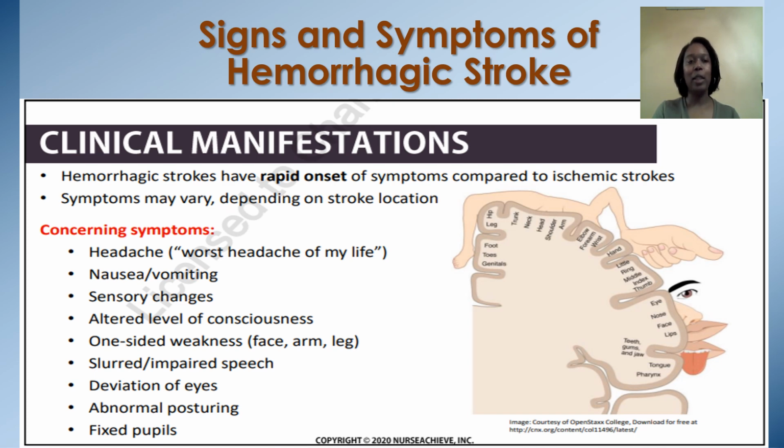They will have sudden weakness or numbing of one side of the body. They may become unconscious and have a temporary loss of vision, or even possibly seizures, slurred speech, fixed or deviated pupils, and an abnormal posture from their hemiplegia.